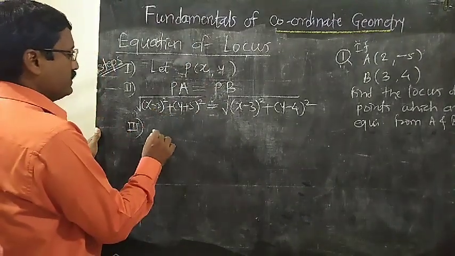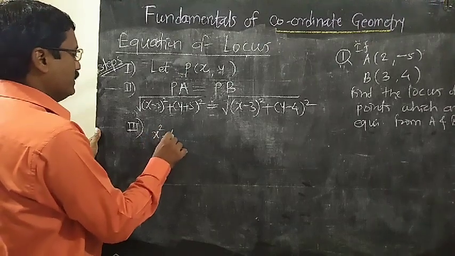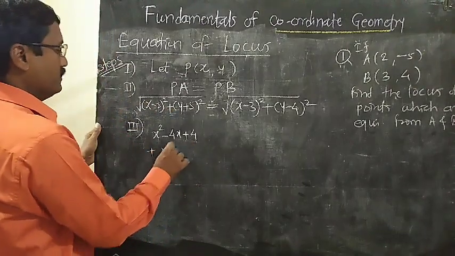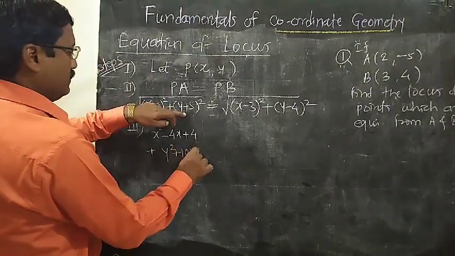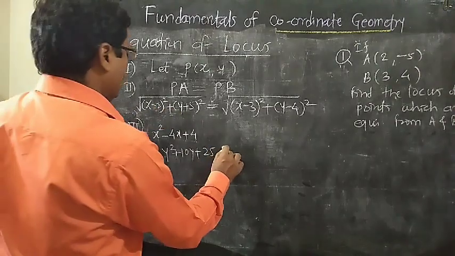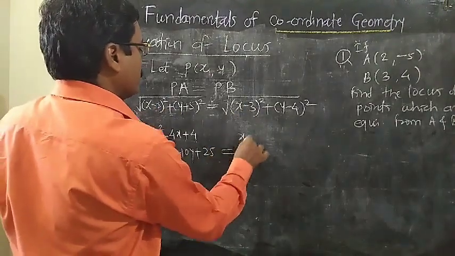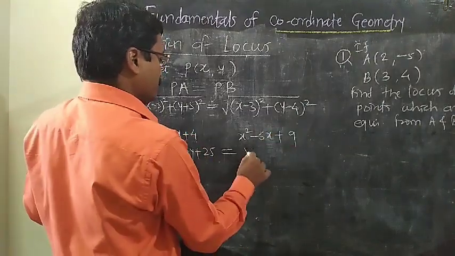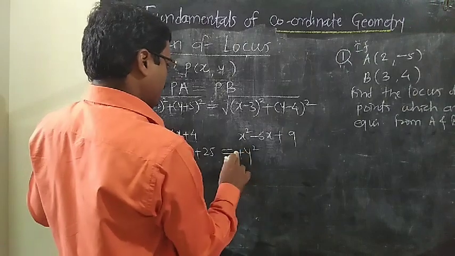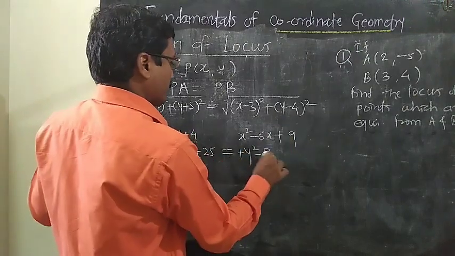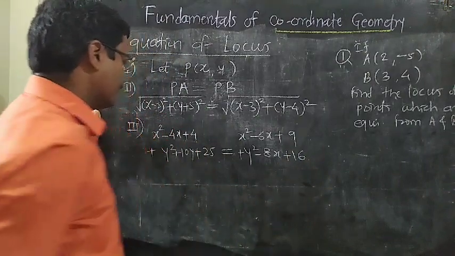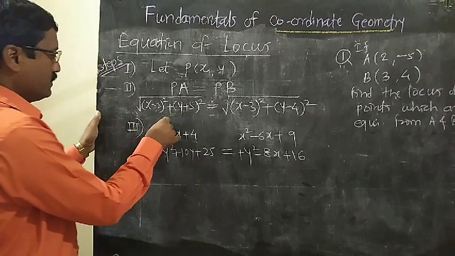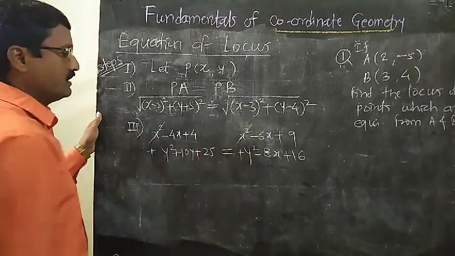Take the squares of these brackets, that is x square minus 4x plus 4 plus y square plus 10y plus 25, and it is equal to this, that is x square minus 6x plus 9, and this is plus y square minus 8y plus 16. If you observe, then this x square and x square are the same terms on opposite sides, so they get cancelled.